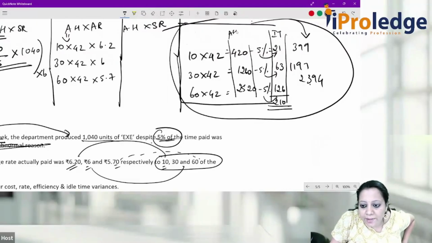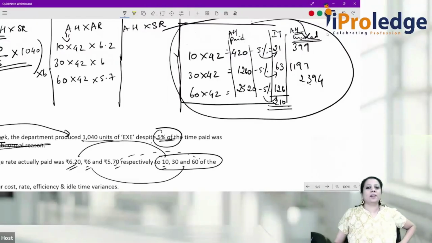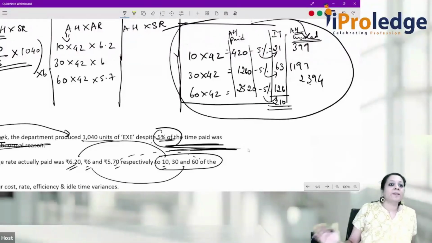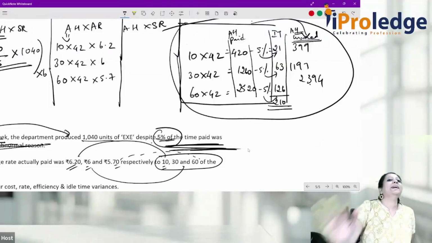This is actual hours paid, and this is actual hours worked. Actually, the working note was for actual hours worked only, so I gave the heading like that. But actual hours paid is 420, 1260, and 2520. Why? They have said in this line of the question that the 5% of the time is also paid. That is why.